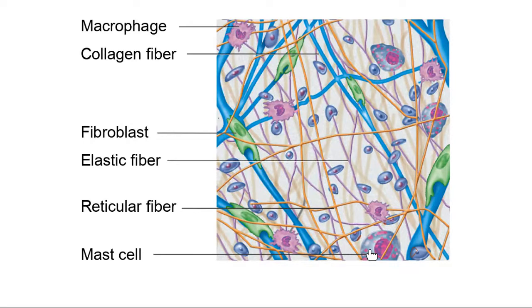In this picture, you can see thick fibers, which are in blue color. These thick fibers are called collagen fibers. They make your tissue strong, and your tissue can resist different pressures. You can see some thin fibers, which are purple in color. We call them elastic fibers.